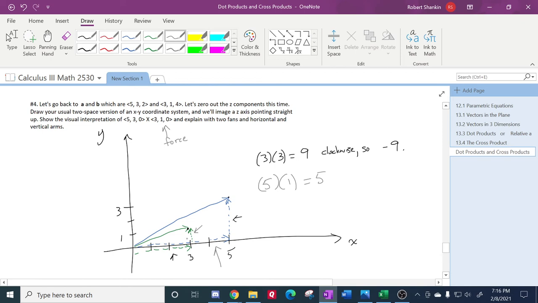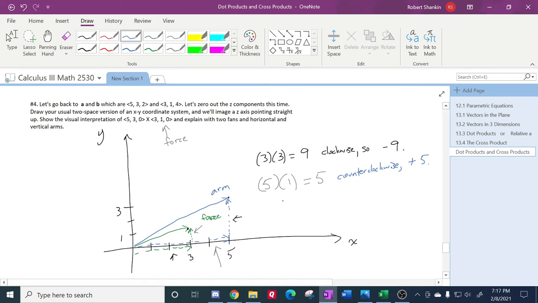So this is the force, and the blue is the arm. So that force gets placed on this arm right here and rotates it counterclockwise. So it's positive.